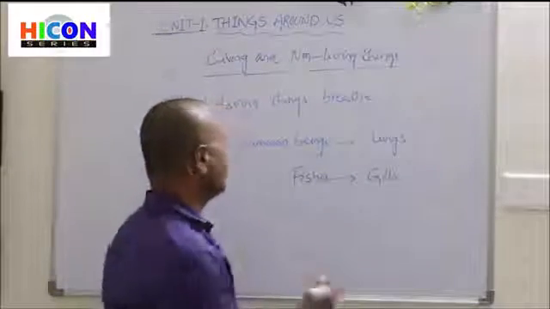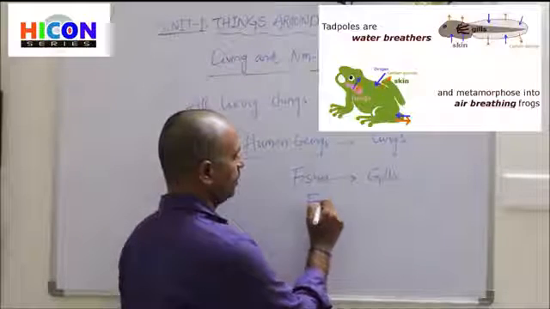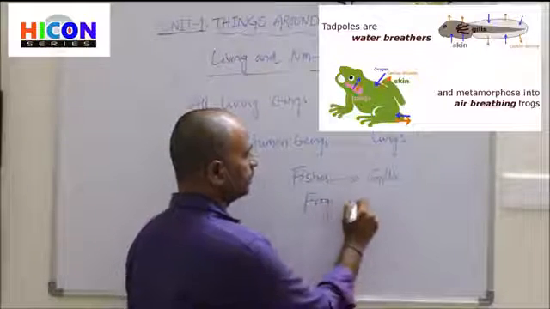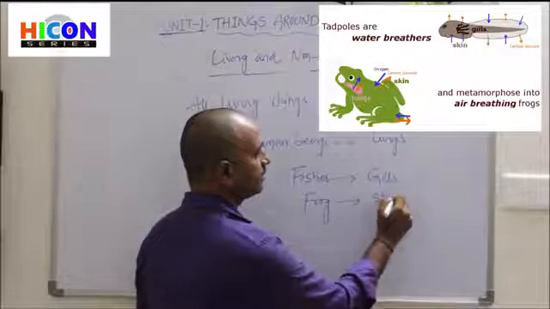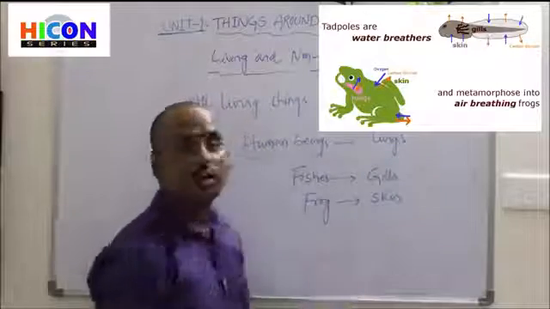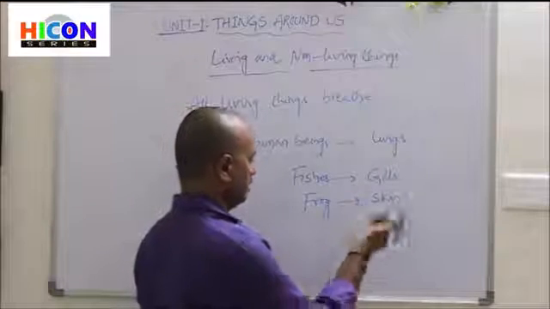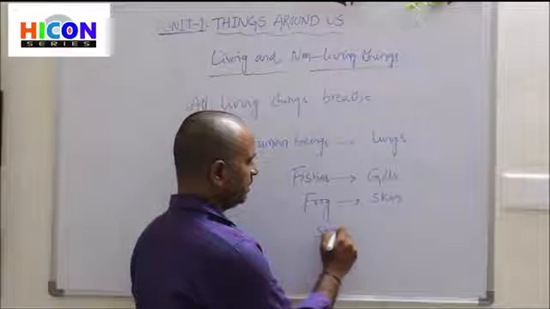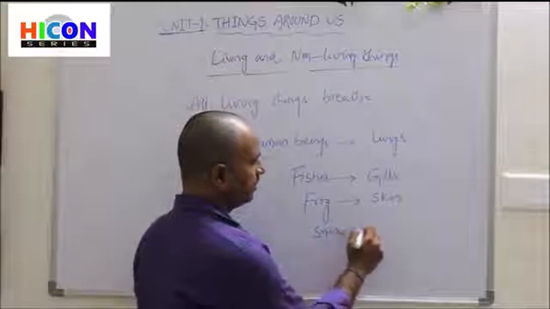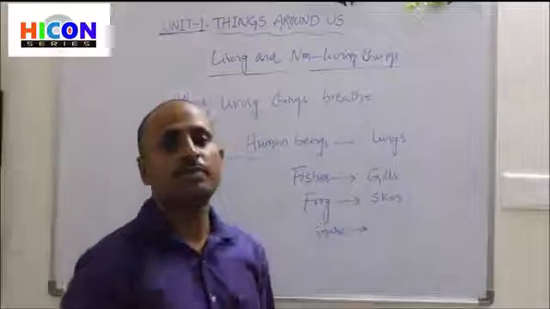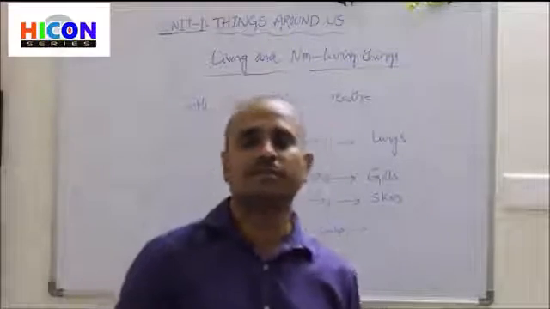And if we consider frogs, frogs will breathe with the help of their skin and also nose. And a snake also breathes oxygen with the help of its nose, that is, lungs.